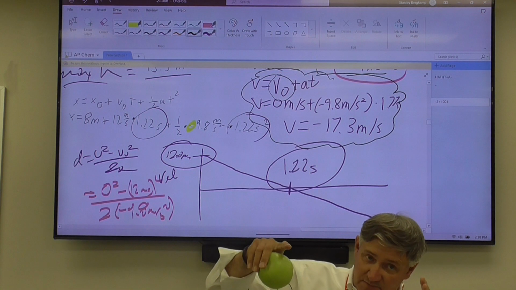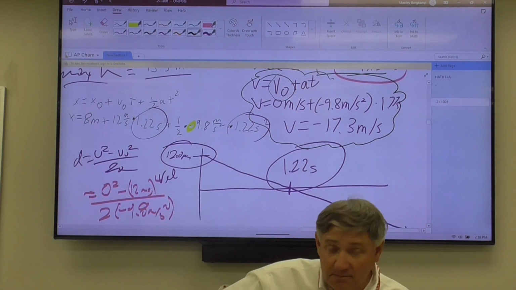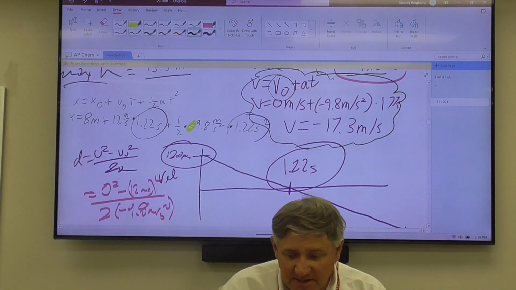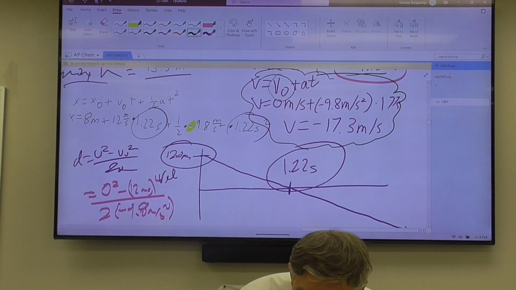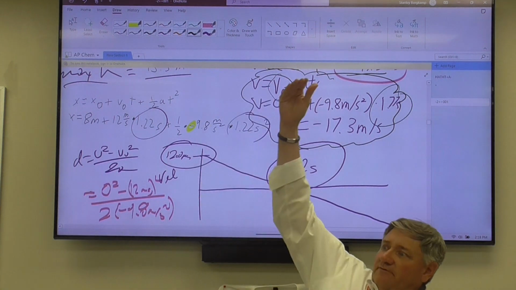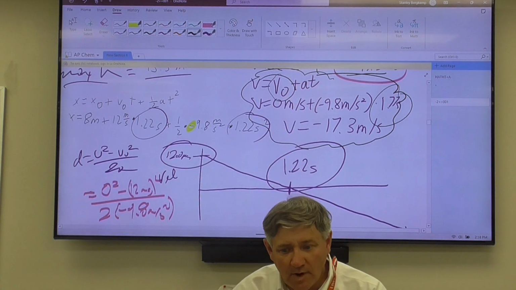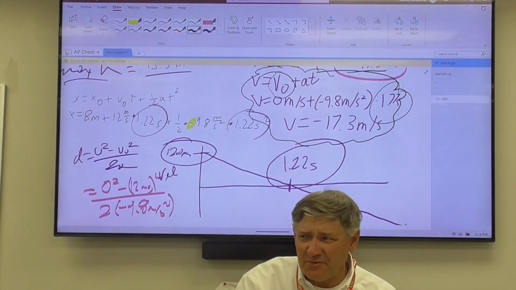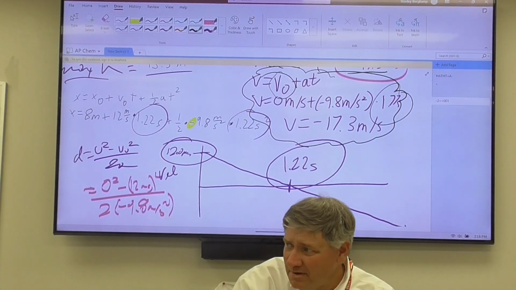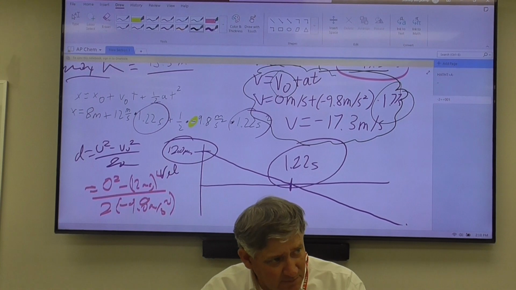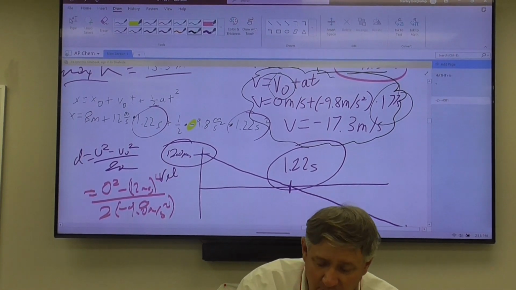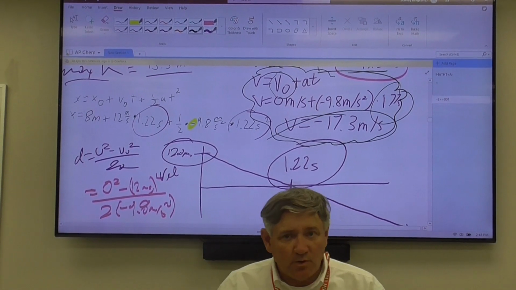One's going to be positive, one's going to be negative. Same speed, opposite signs of velocity. But now, because it falls farther, right away you should be going, man, that should be going faster than 12, because it's going to fall all the way down to the ground. Okay? So that's one way you can do that.